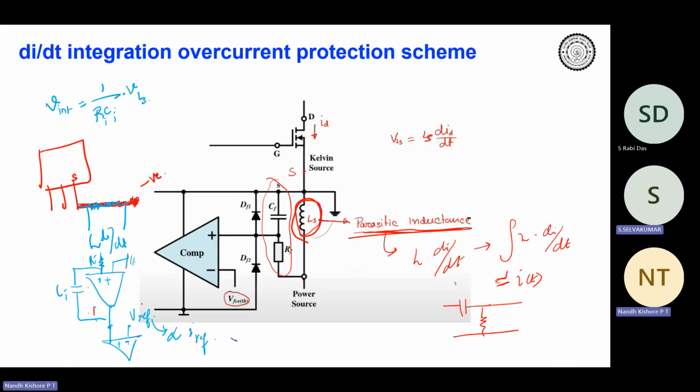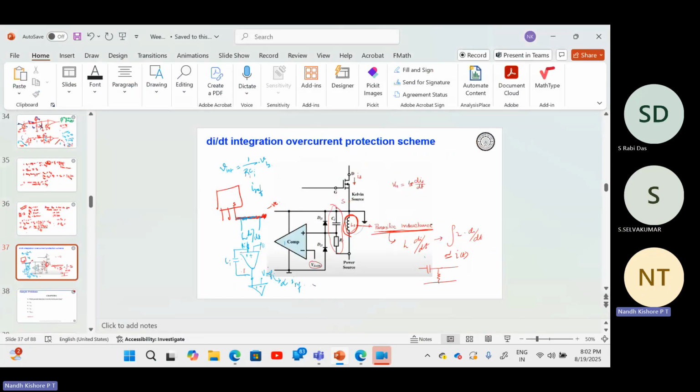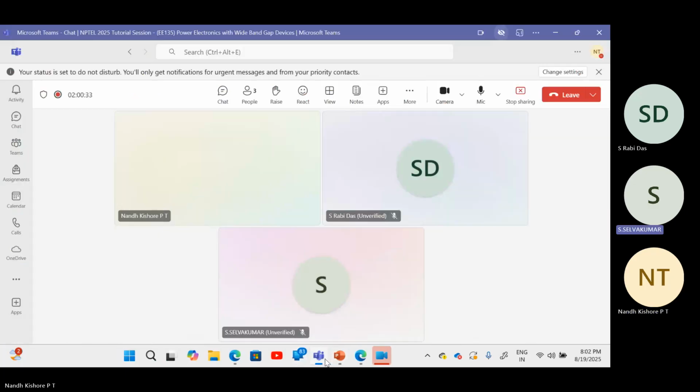So this is your V integrator. You will set the reference current, I reference, proportional to this based on this scaling. Do you understand this? Yes, sir. Okay, thank you.